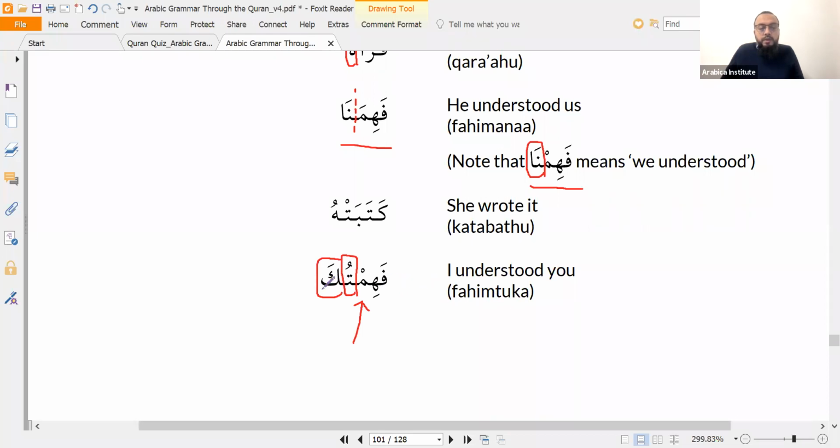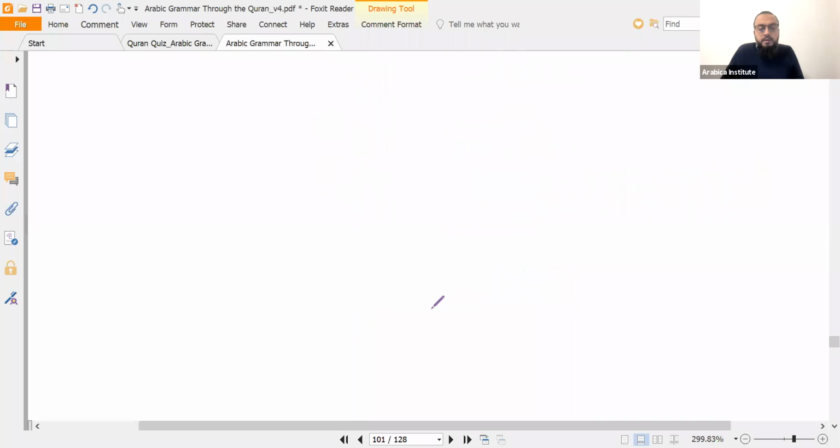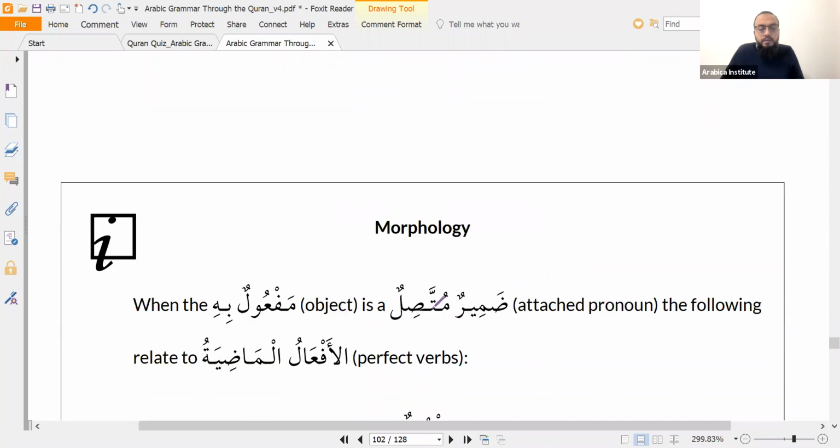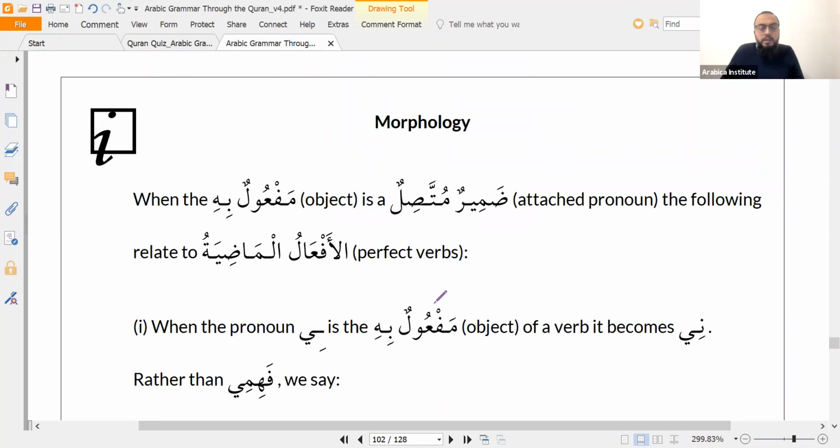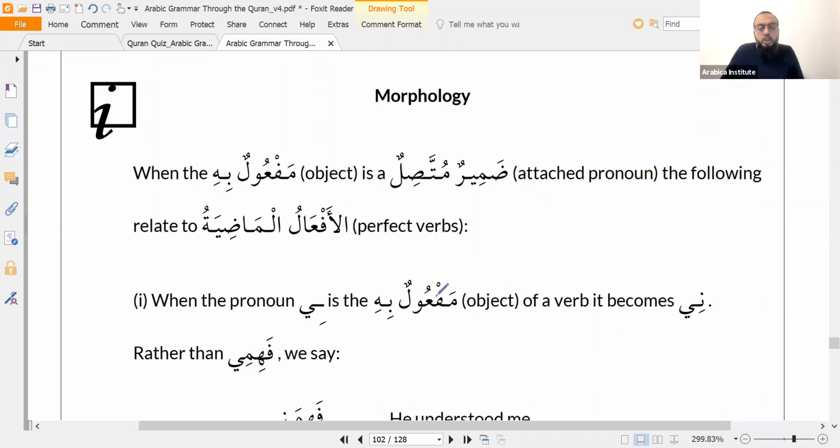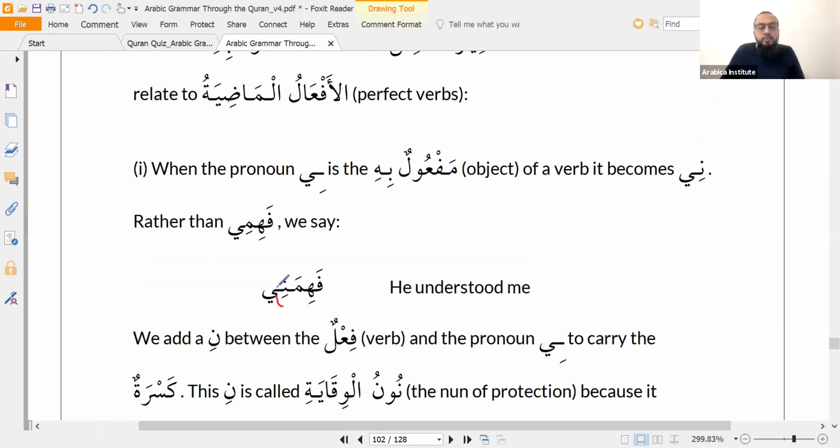So we've actually got three words in that construct. Right. Look at a bit of morphology. When you attach the first person pronoun to a verb, then you have to add this noon, which we call noonul wiqaya. It protects the verb from the ya, because the ya requires the letter before it to have a kasra.